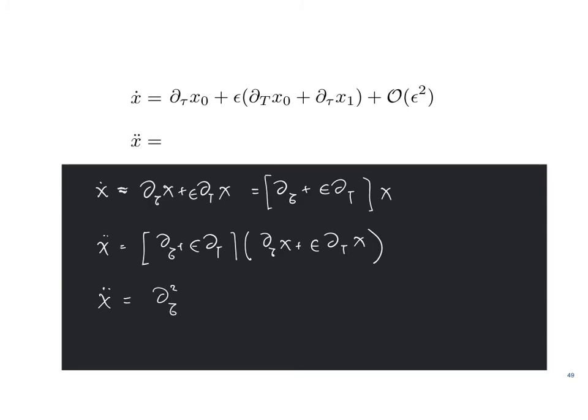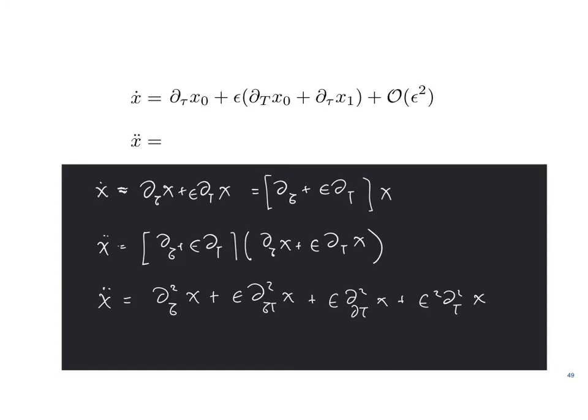So this is the second order d tau x plus epsilon second order tau T x plus exactly the same thing plus second order d capital T. Again we keep these ones, the zero order and the first order, and this one we just discard. We are just keeping the first order terms in epsilon and the zero order.